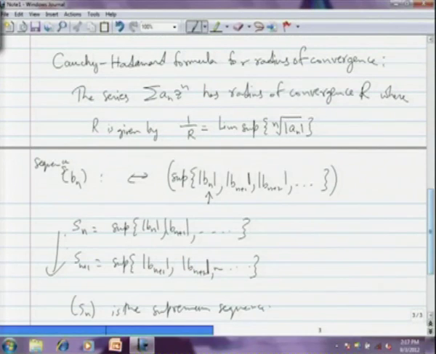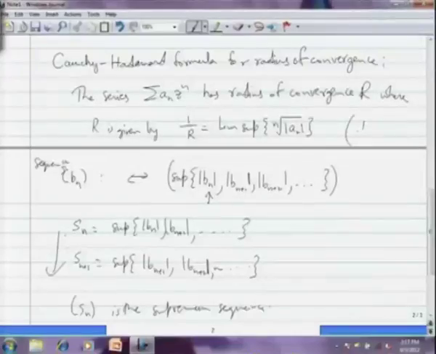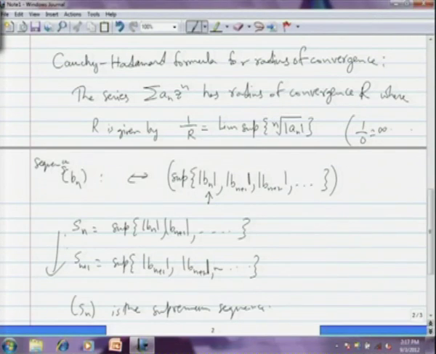So likewise, given this sequence a n, we can find the lim sup of the sequence nth root of the modulus of a n, and that is equal to 1 by the radius of convergence. Here we have the usual agreement that 1 by 0 is infinity and 1 by infinity is 0.